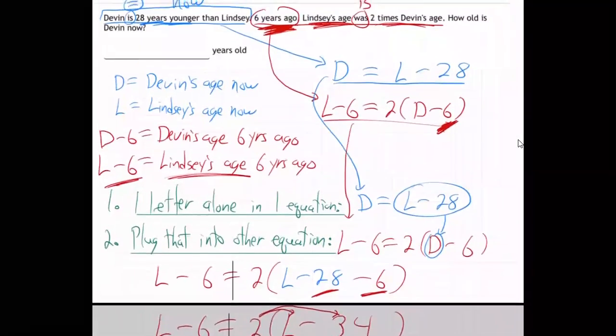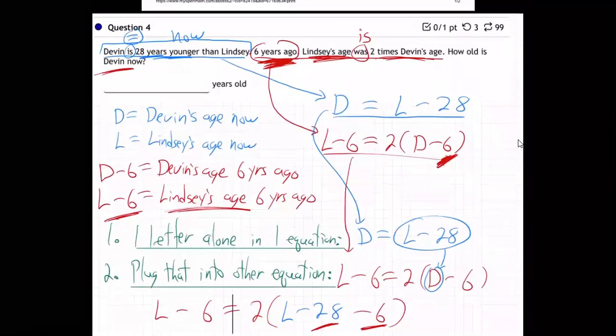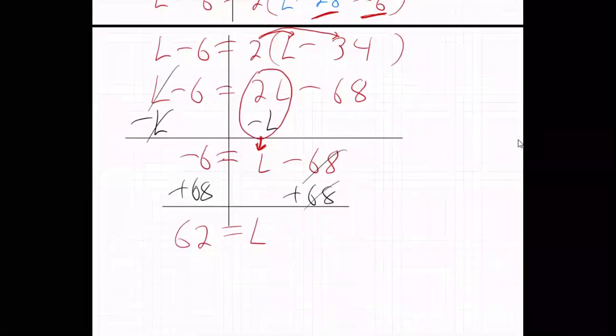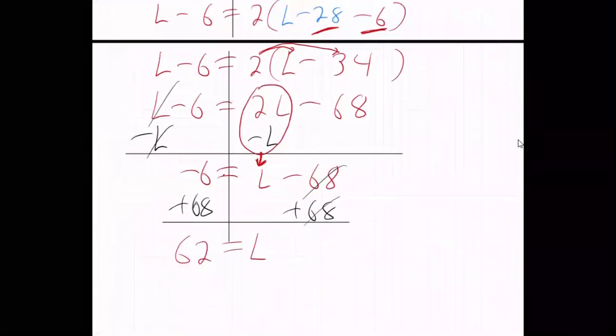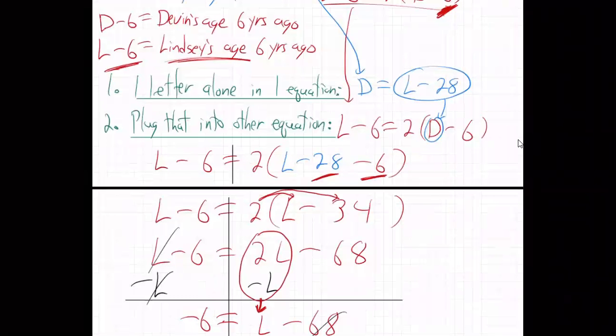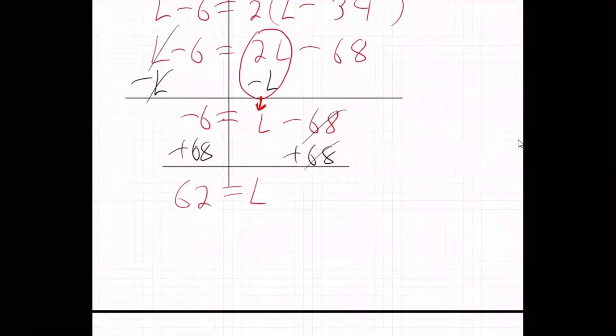Do they want both? What do they want here? How old? Oh, they want Devin. How old is Devin now? So we got to get the D, don't we? Got to get the other letter. You know what to do about this, right? So this will be our third step in the equation. So plug in anywhere. Step 3. Plug L equals 62 in anywhere.